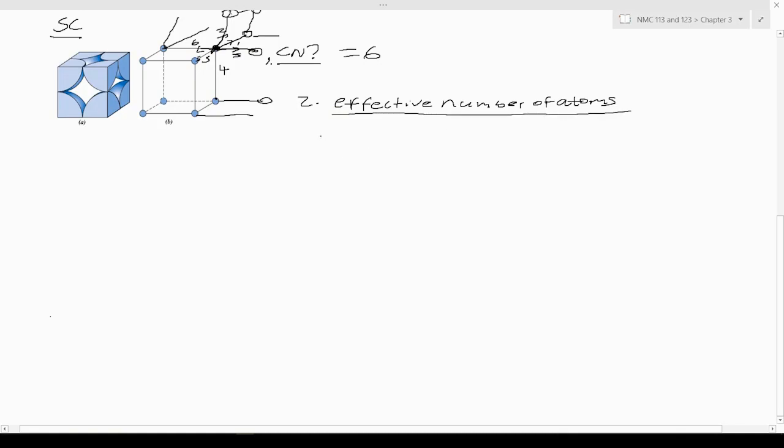The first thing you have to do is look at what type of atoms you have: corner atoms, body-centered atoms, the orientation of the atom inside the cube. Now you only have corner atoms, and corner atoms have what we call a contribution factor. So you must determine the contribution factor of the corner atoms.